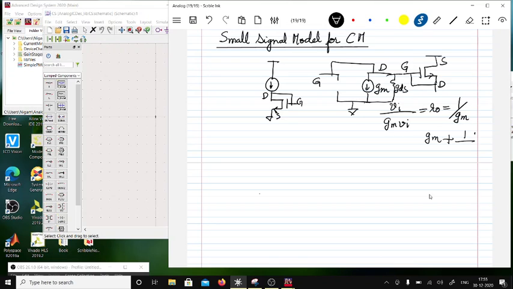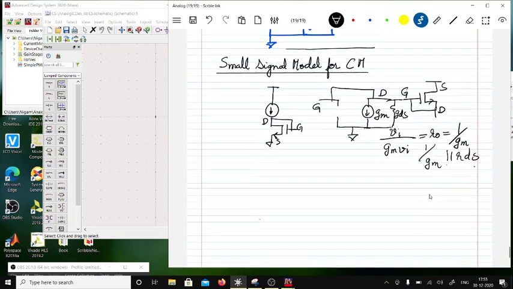Am I right? So this is the resistance, 1 over GM. So the conductance is GM, and this is GDS. So GM and GDS should go in parallel, isn't it? So 1 over GM is in parallel with RDS. Okay, so that is the error.